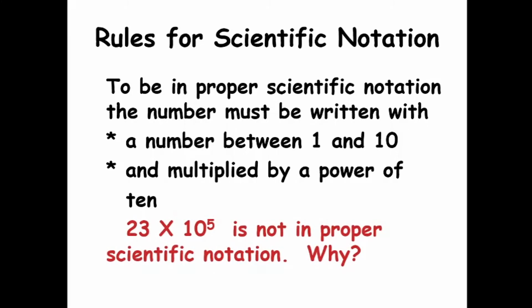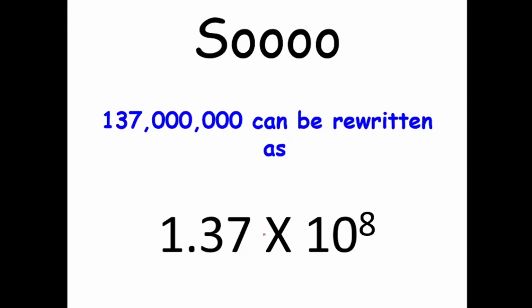So say for example, 23 times 10 raised to 5 is not in proper scientific notation. The answer is that, of course, this particular digit, dapat ito, okay, ay less than 10. So, meron tayong example dito, 137 million can be rewritten, using scientific notation, as 1.37 times 10 raised to 8.